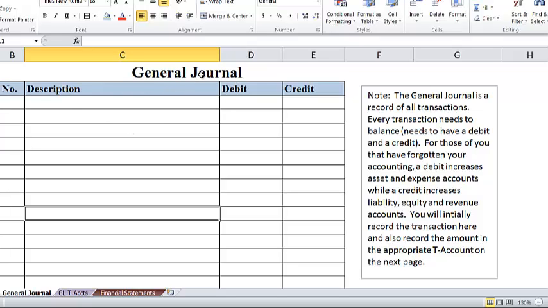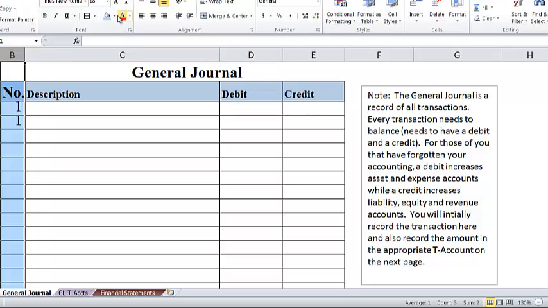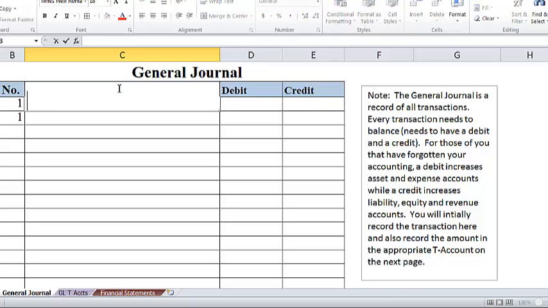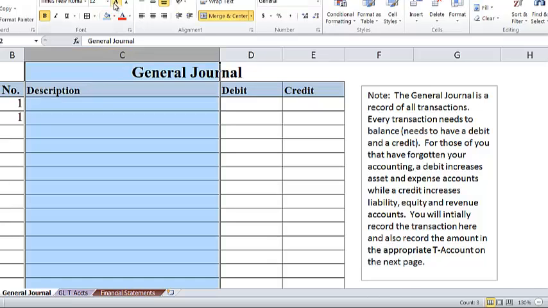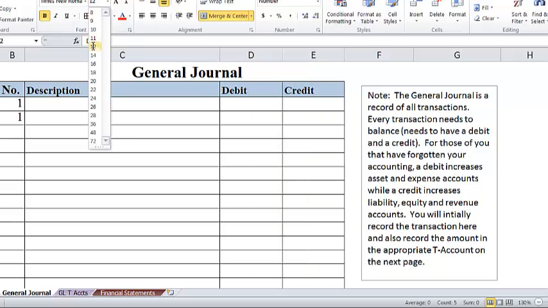So here's a general journal. And maybe my very first entry is going to be the loan committee. Sorry about that. These weren't quite formatted correctly.